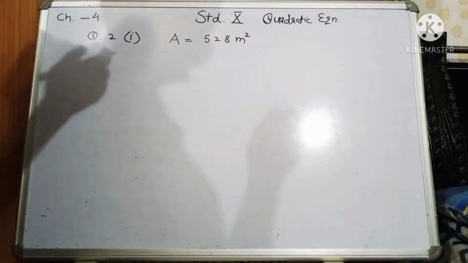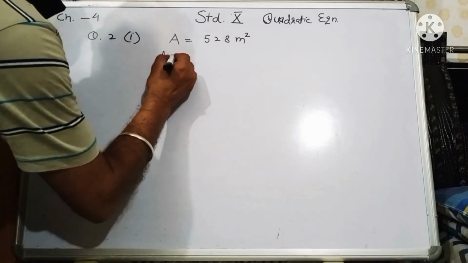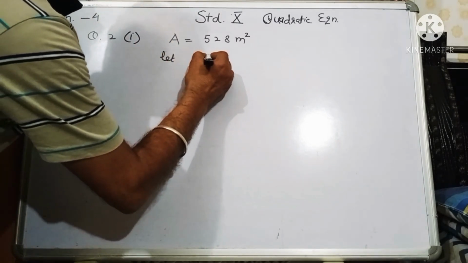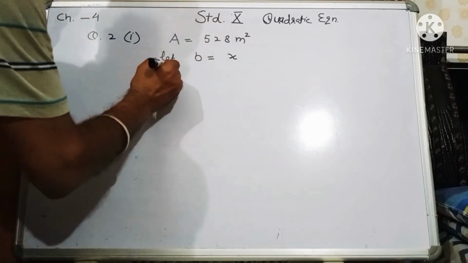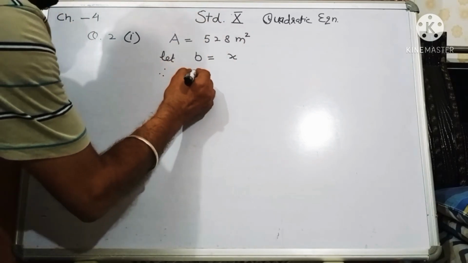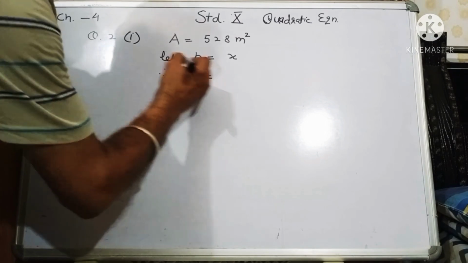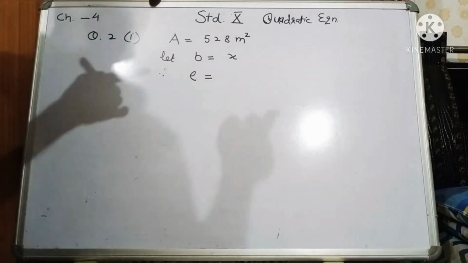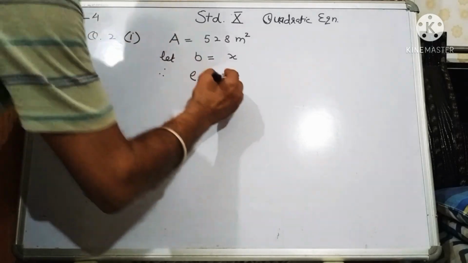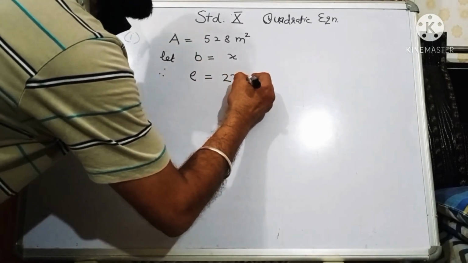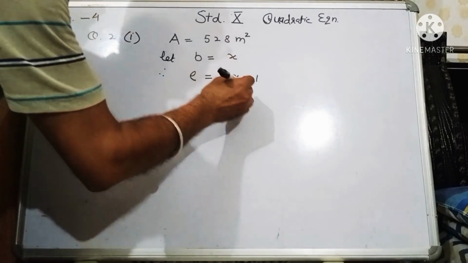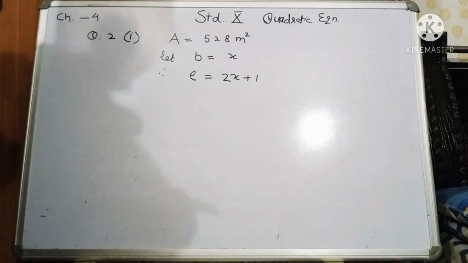So we will suppose, let the breadth of the rectangle be x. Therefore, length will be 1 meter more than twice its breadth. Twice the breadth, that is 2x, 1 meter more, that is plus 1. In this way, you can find length.